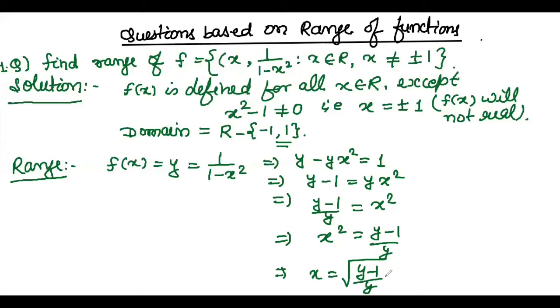Now what to do? We know that inside a square root there can be no negative value. If it is negative, we can't define it. So we have to take (y - 1)/y greater than or equal to 0.